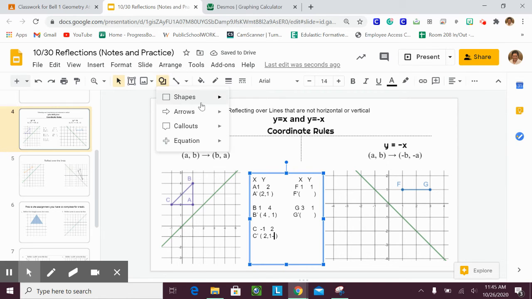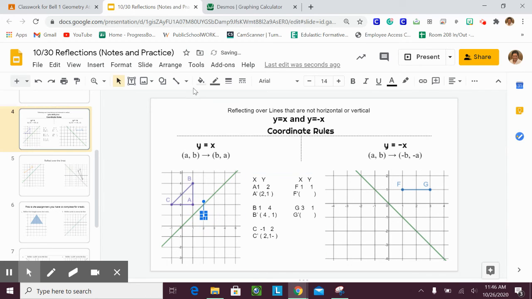So go to my shapes. Here is A. It was at 1, 2. Now it's going to be at 2, 1. So that's there. And we'll make that green. B was at 1, 4. So now we're going to go 4, 1.